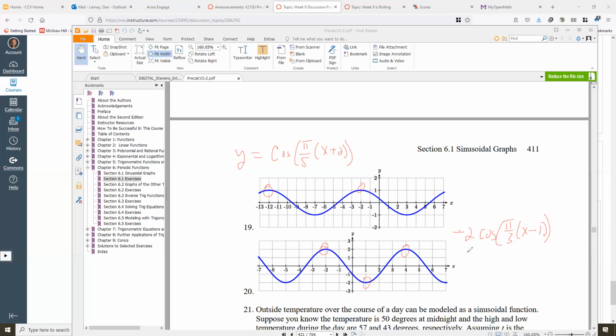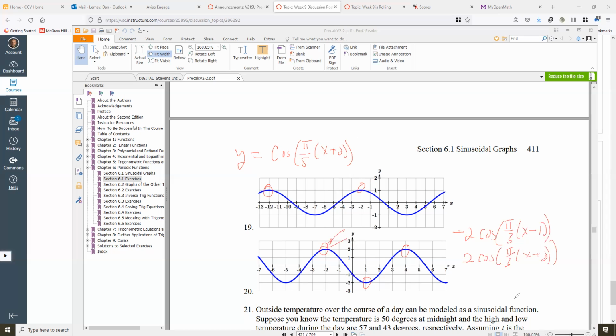So that equation works. Also, this equation works. I could say 2 cosine of pi over 3 times x plus 2, because if we go with that lattice point, it's been shifted left 2. So see, they're all right answers. We could throw all these in Desmos and we would see one graph.